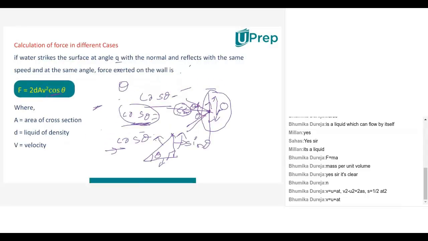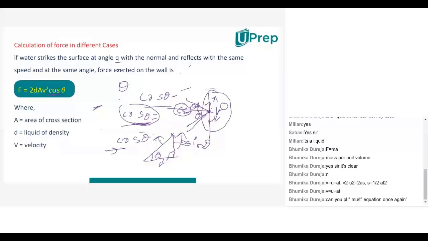Next, if water comes with an angle theta, hitting the wall and moving with the same angle, then the force exerted is 2 d A v square cos theta.